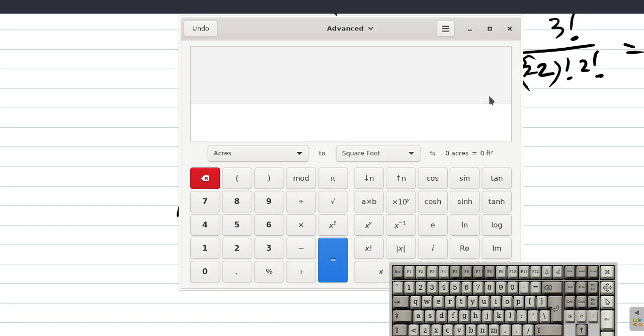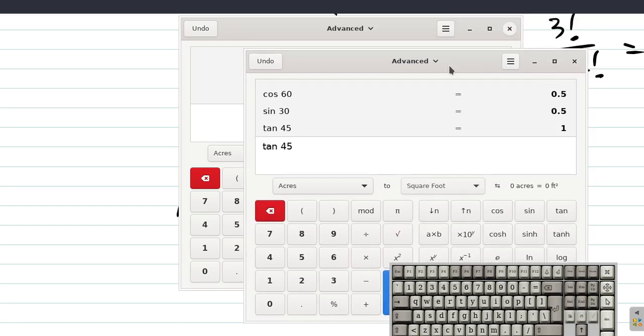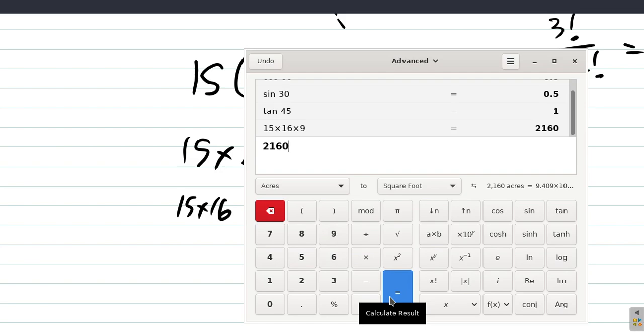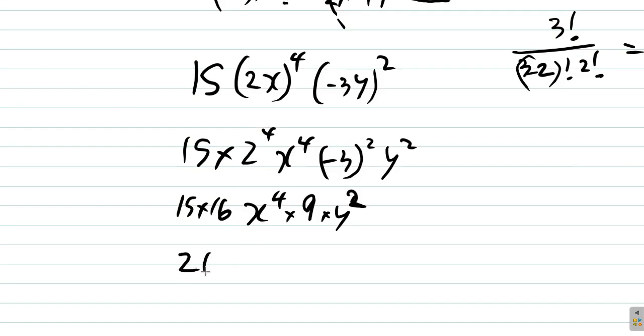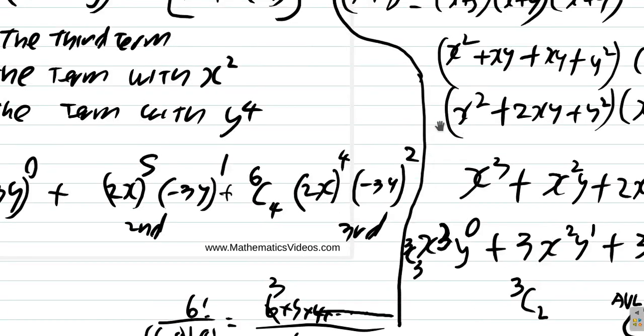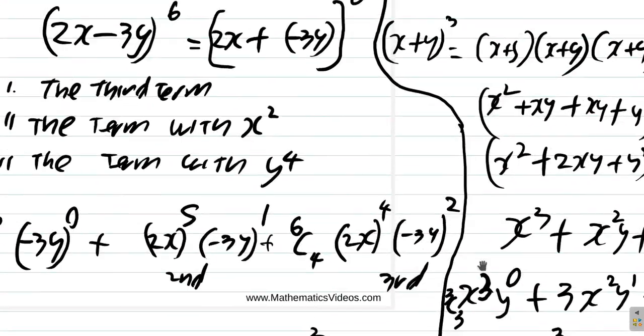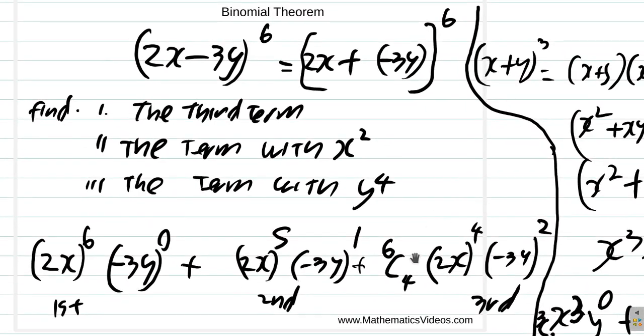In this case, 15 by 16 by 9 is what? 2160. So you have 2160 x to the 4th y squared as your answer. Alright? So ensure you understand the principle behind this type of question.